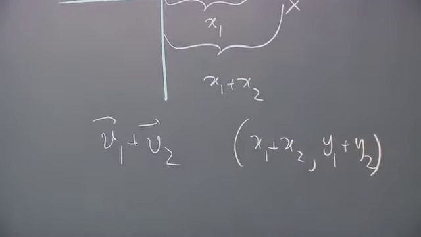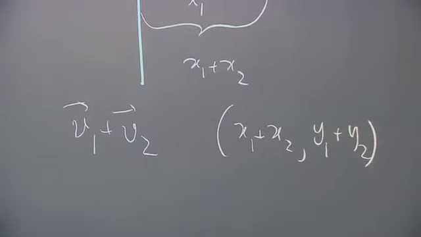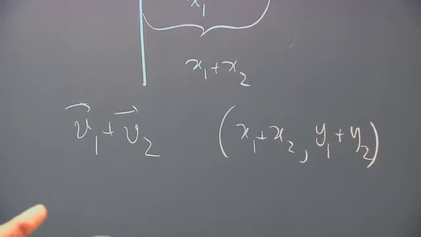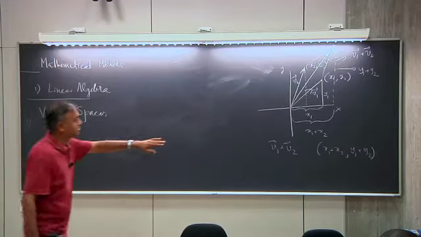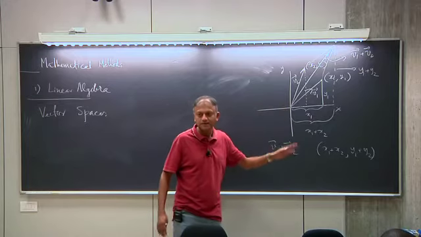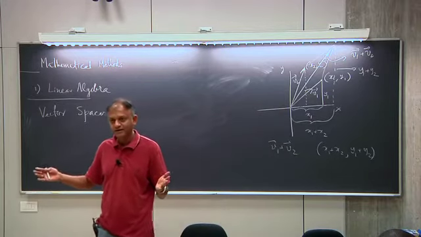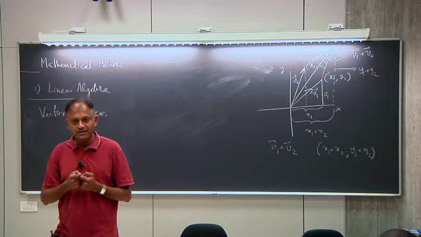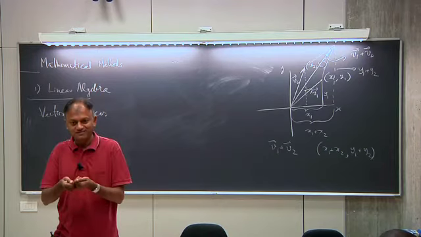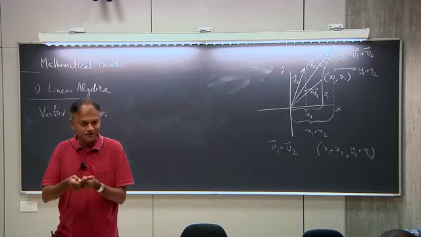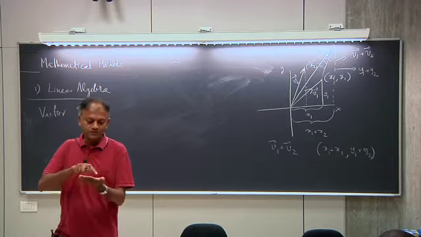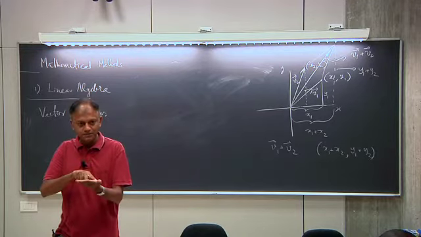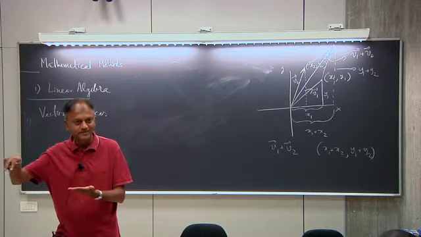So, what is the important point here? That the set of all vectors, okay, this is a set. I mean, if you consider all the possible vectors in two dimension, that will form a set. Okay. But what is important about this set is that there is a rule of addition. You see, you have a rule here. You have to specify a rule which tells you if you take these two vectors, add them up, you will get another vector in the same set.